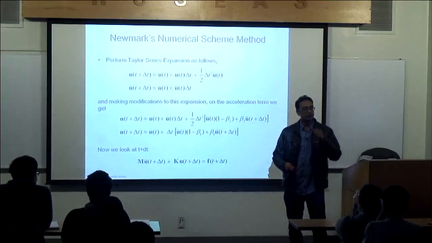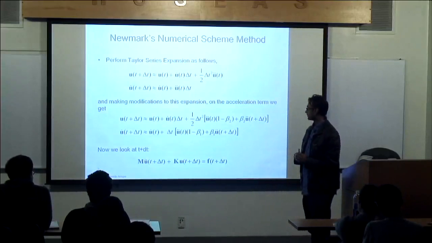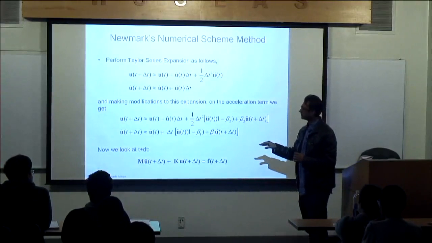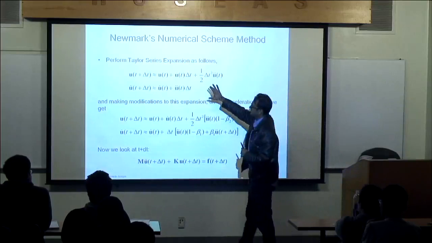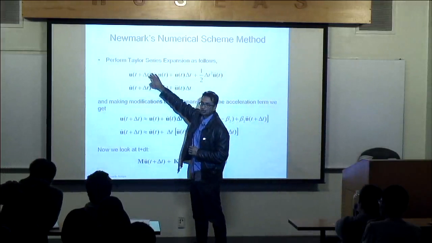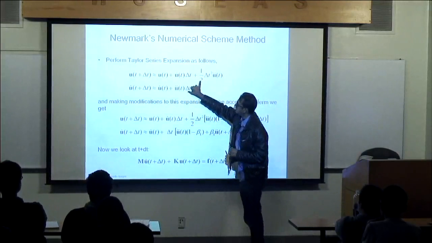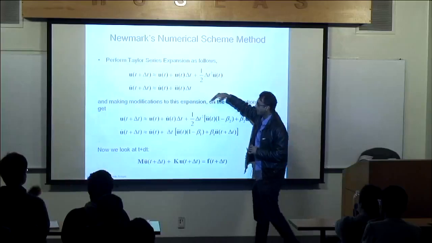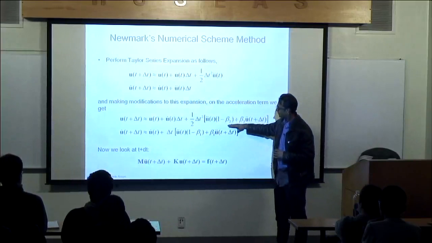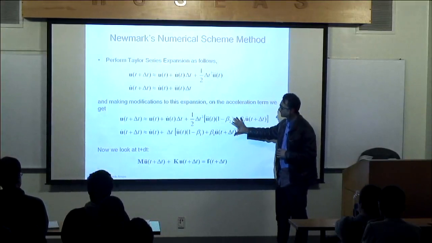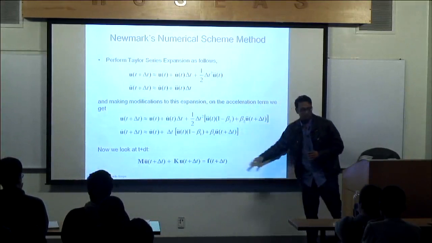So what I'm going to do is very simple, and please don't get bogged down by the math. It's actually fairly easy in concept. Again, Taylor series expansion on the displacements, Taylor series expansion on the velocities, and all I've done here is a modification to the acceleration term, so I can interpolate between the future and the past, and here the same way. And so what I'm going to do now, I know I want this to be true.